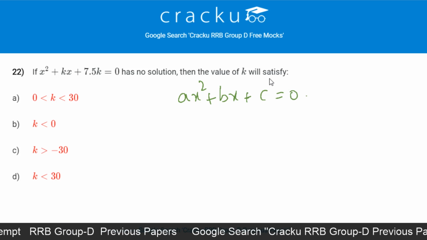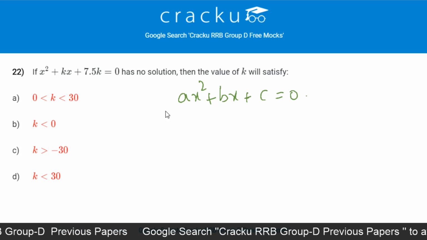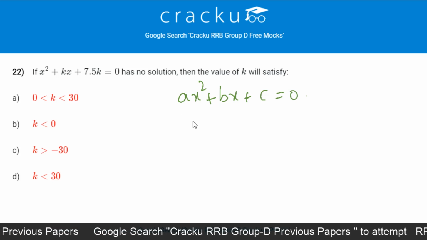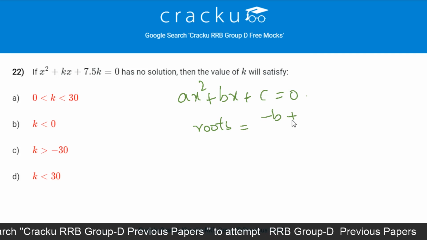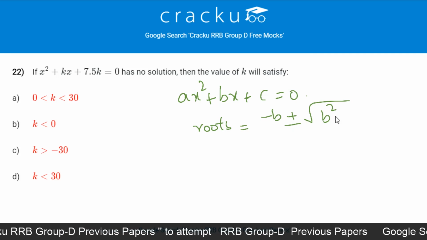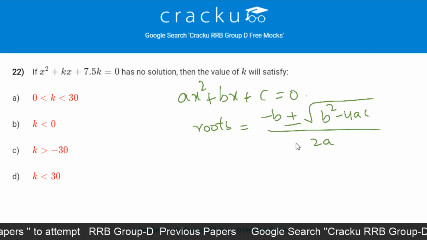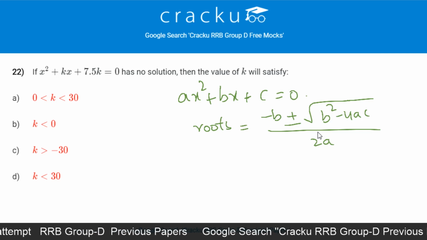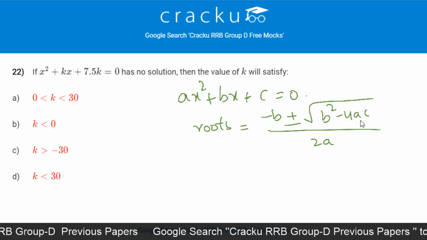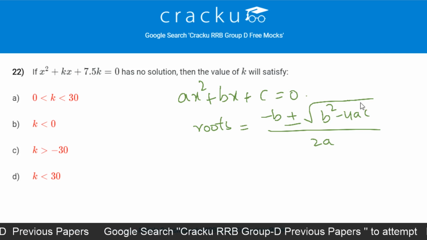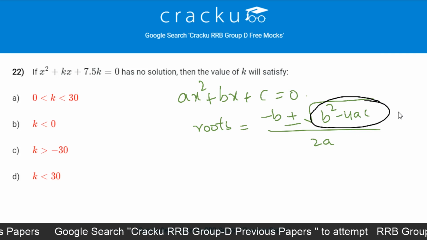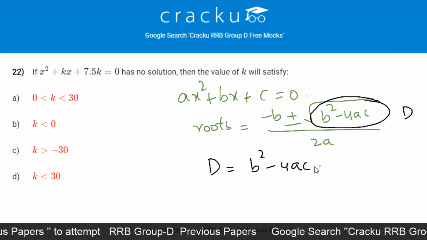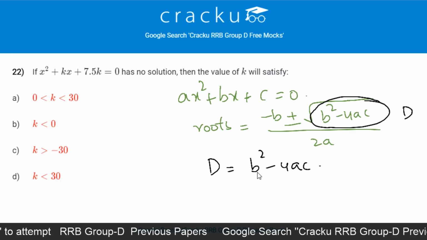You know how to find the roots, right? Roots are given by the formula minus b plus or minus root over b square minus 4ac by 2a. b square minus 4ac is called the discriminant. So the discriminant is given by b square minus 4ac.